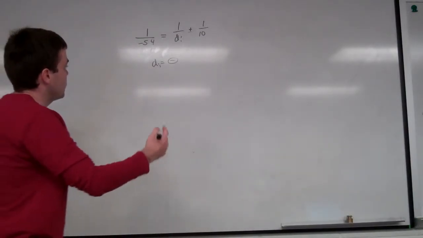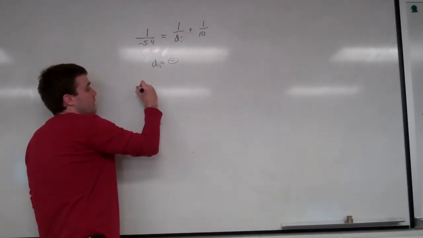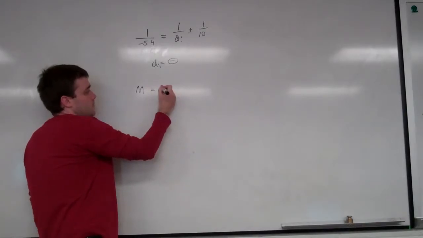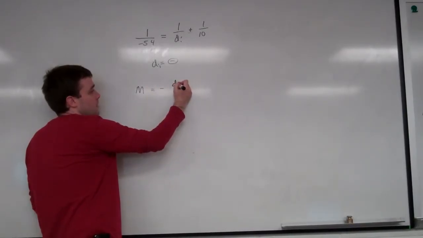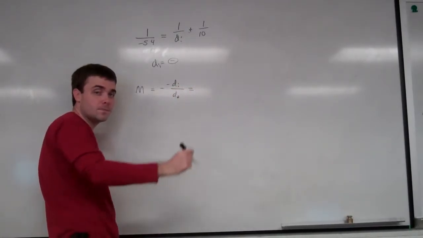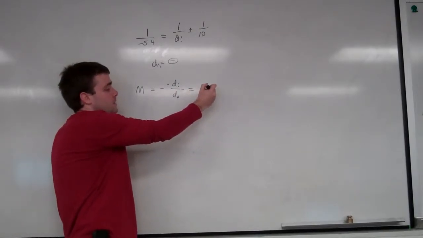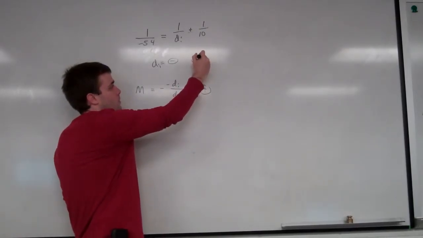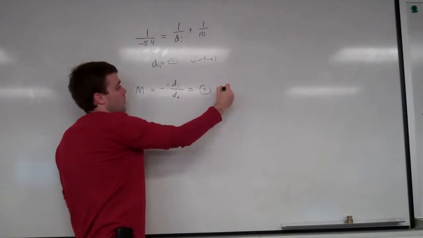Let's finish going through this though. For magnification, we have a negative and a negative di. So what does the magnification have to be? Positive, so that means it's virtual, upright.